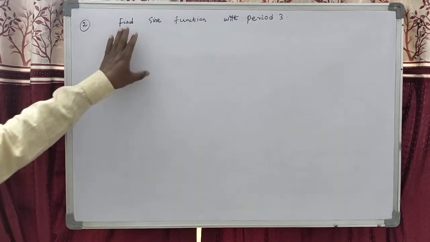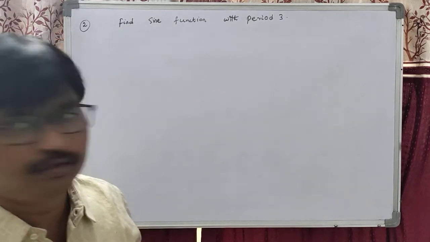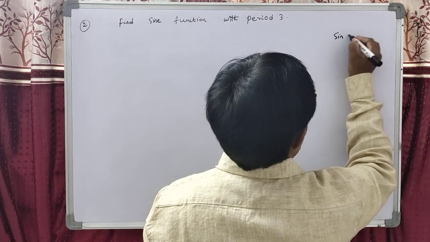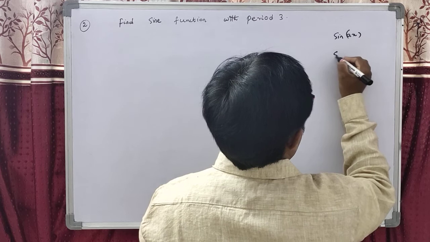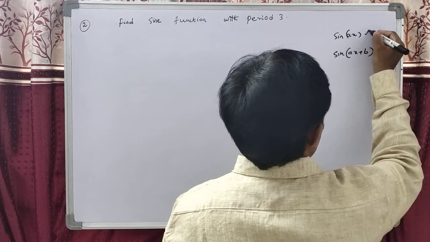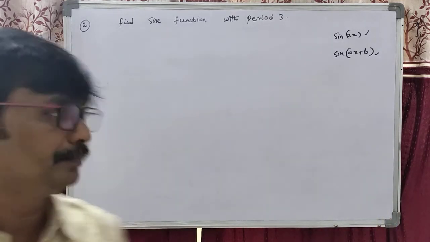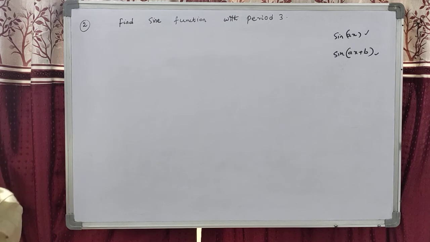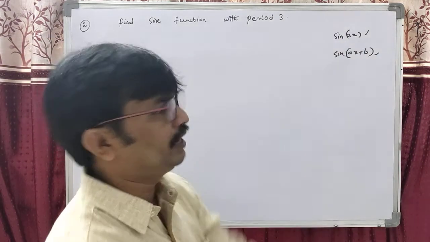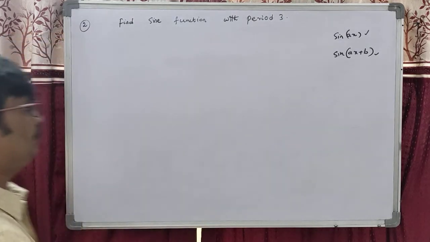Dear students, find the sine function with period 3. We know that a sine function means either sine of ax or sine of ax plus b. The period of sine of ax or sine of ax plus b is 2 pi by modulus of a.